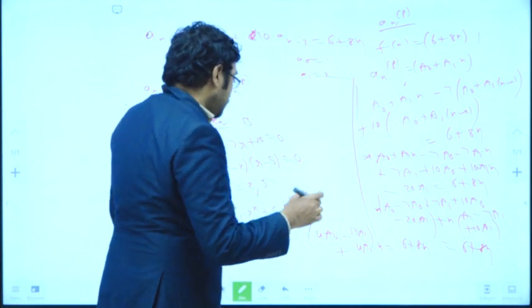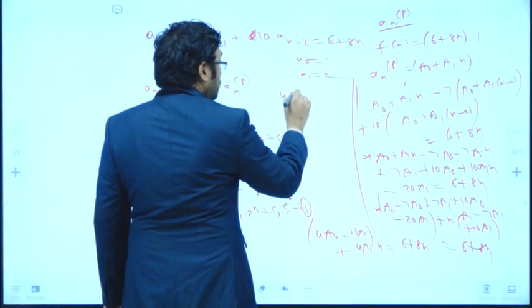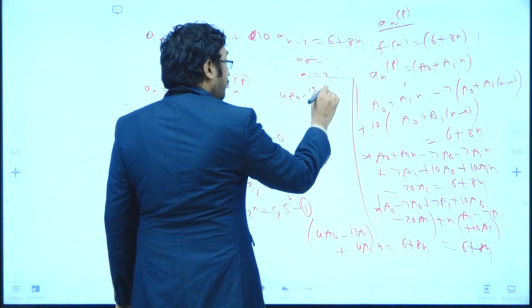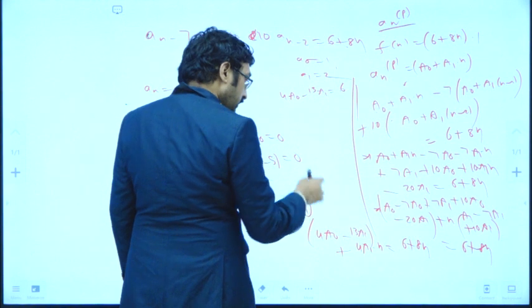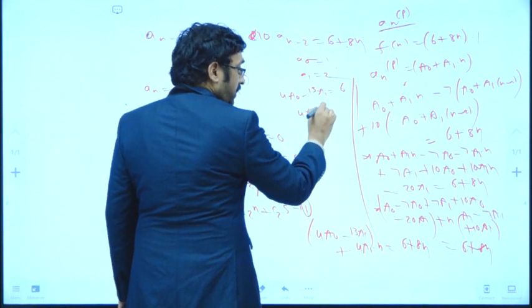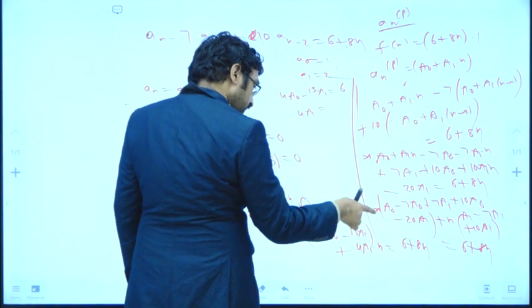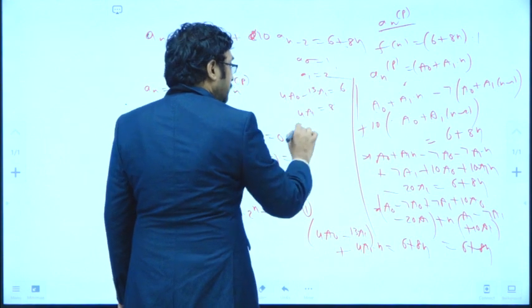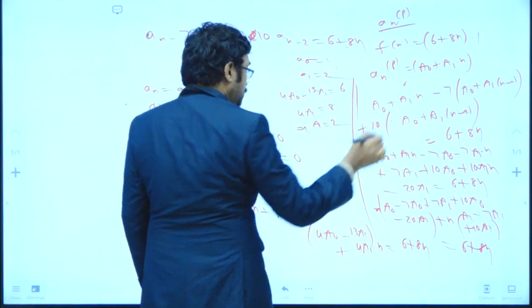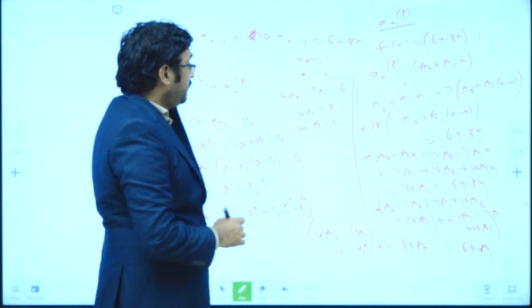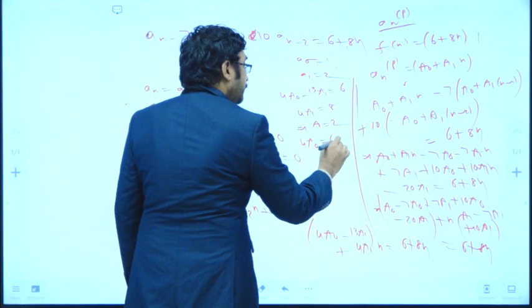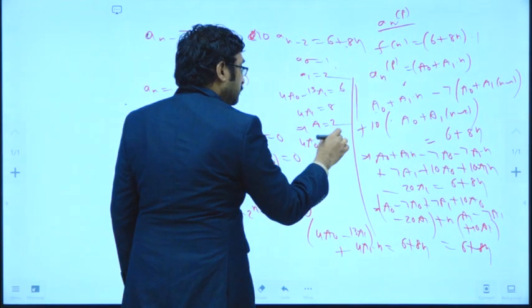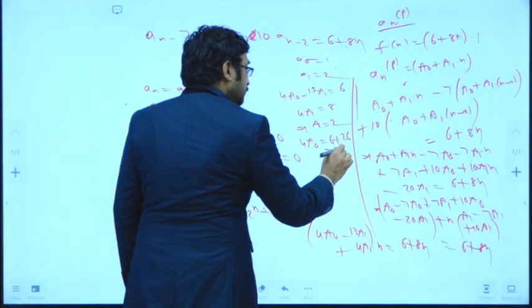Compare coefficients on both sides. So 4a0 minus 13a1 equals 6, and 4a1 equals 8. That implies a1 equals 2. As a1 equals 2, substitute here. So 4a0 equals 6 plus 13 into 2, 26, so 32.